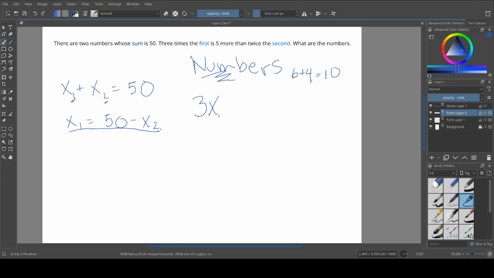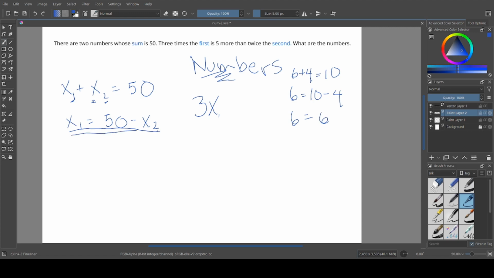Now I want to just move. I can move any of my numbers. I can move the 6 or 4, but I'm gonna stick to what I did before. I'm gonna move my second number like I did. So I'm gonna say 6 is equal to 10 minus 4. So 6 equals 6. So that's why this part right here is correct. Even though I don't know what x is now.